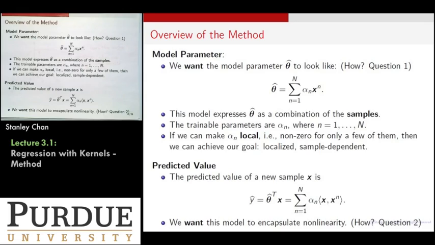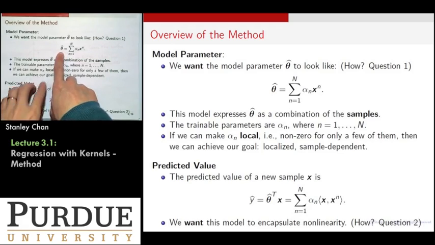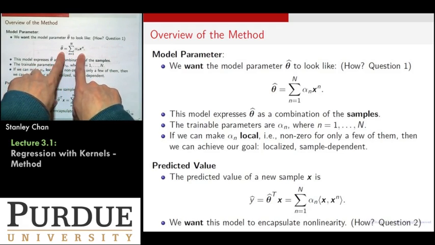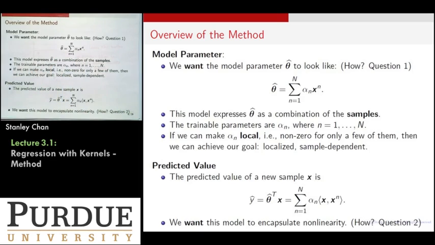So let's look at these two questions. Question 1 is, how can I ever write my prediction model as a linear combination of the input data points, something that is not so trivial if you think about the linear regression equations. Question 2 is, fine, I want to make a prediction, then how can I determine this alpha? I need to find out this alpha.